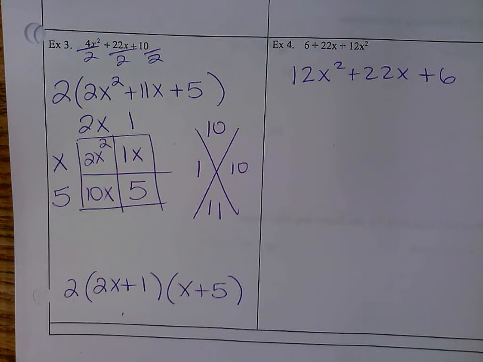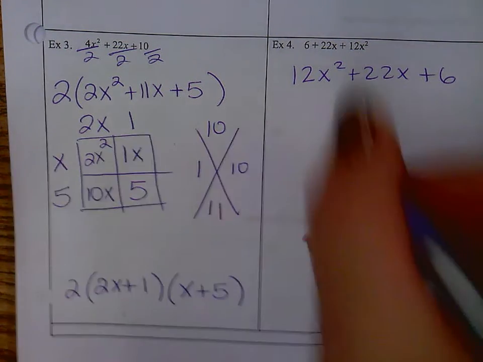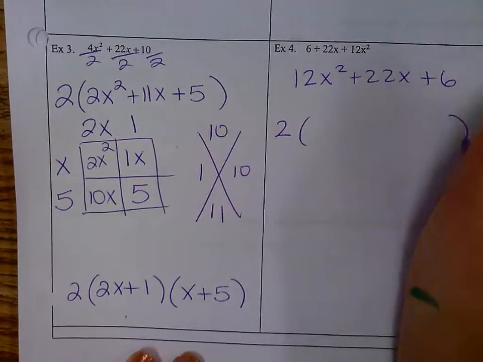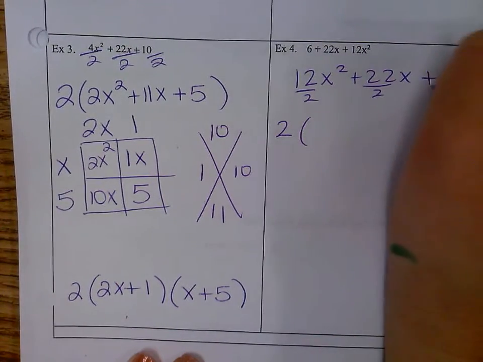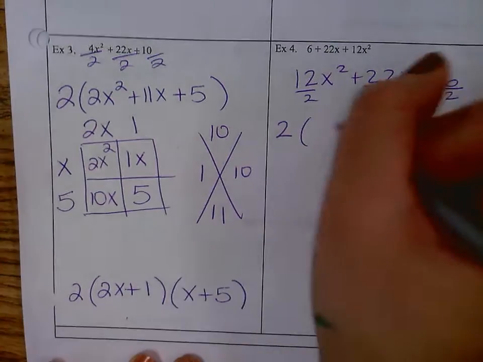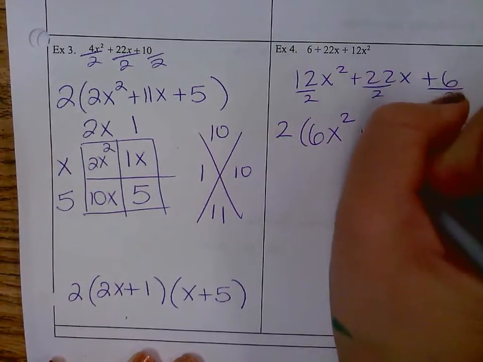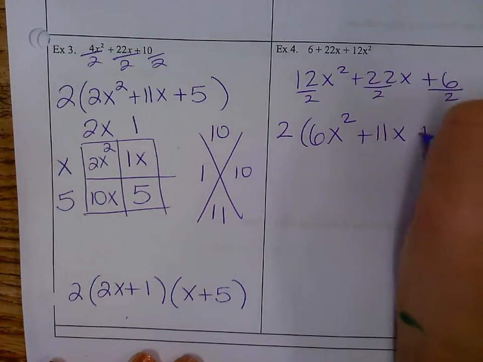Pretty big number. What could I divide it by to make my life a little bit easier? There's a greatest common factor of 2. That cuts all your numbers in half. Now you get smaller numbers to deal with. So I'm going to divide out a 2 from every single term before I start. So I really have 6x squared plus 11x plus 3.